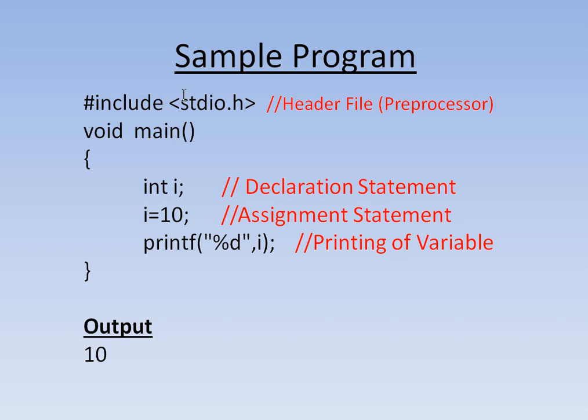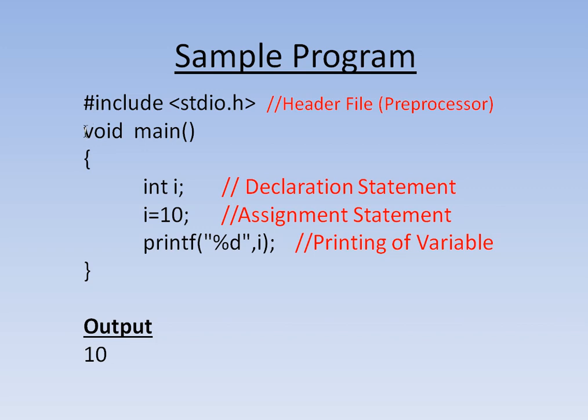What is the meaning of stdio.h? This is called a preprocessor, or we call it a header file. That also is a program which is inbuilt. To make this program run, we have to include the header files. So let us go through the program.